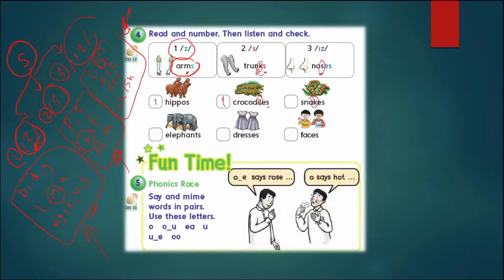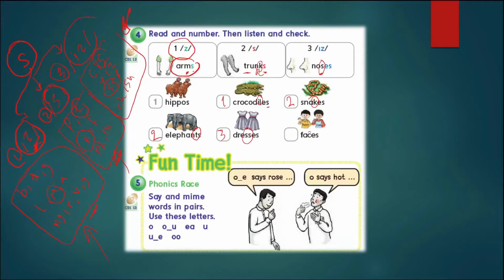Snakes, the letter K. It looks like trunks. So we have to put 2 here, trunks, okay? Elephants, the letter T. Here, elephants. So we have to put 2 here. Dresses, double S. Dresses. So it's going to be iz. So we have to put 3 here.